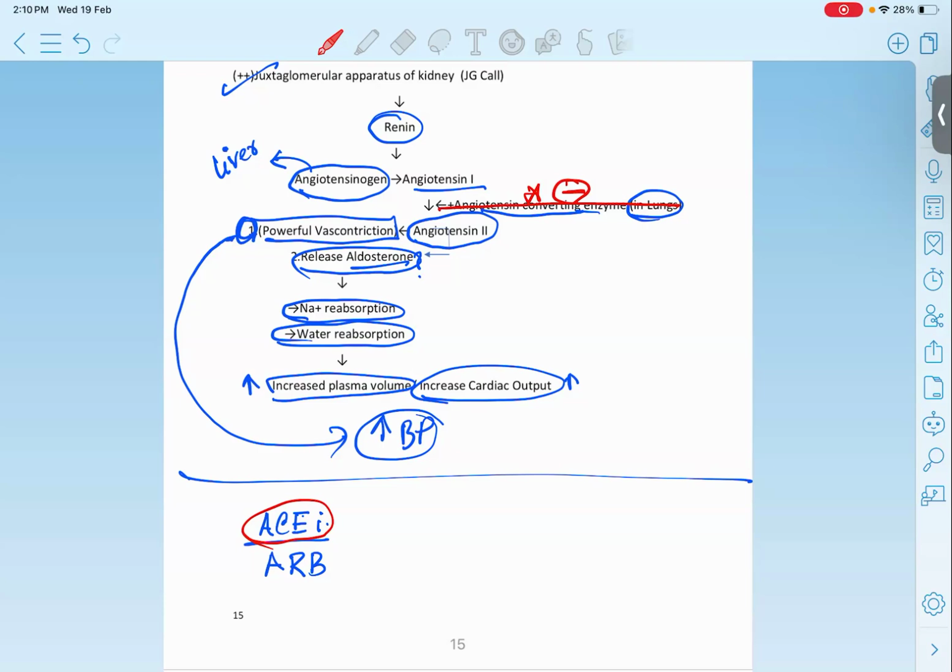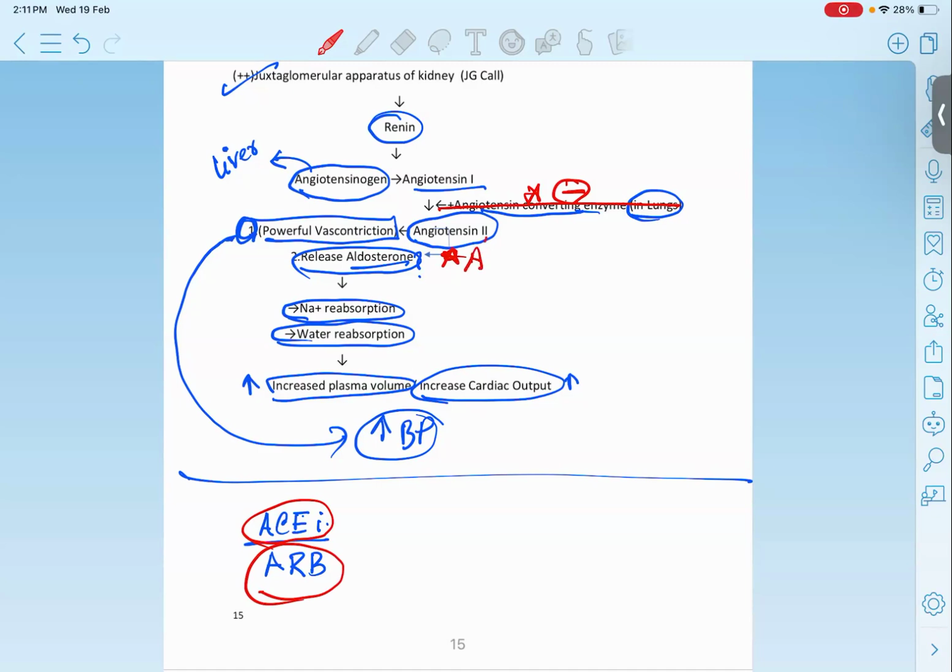Next is the ARB. Where does ARB work? ARB works in this step right here, where angiotensin 2 stimulates the zona glomerulosa and produces aldosterone.